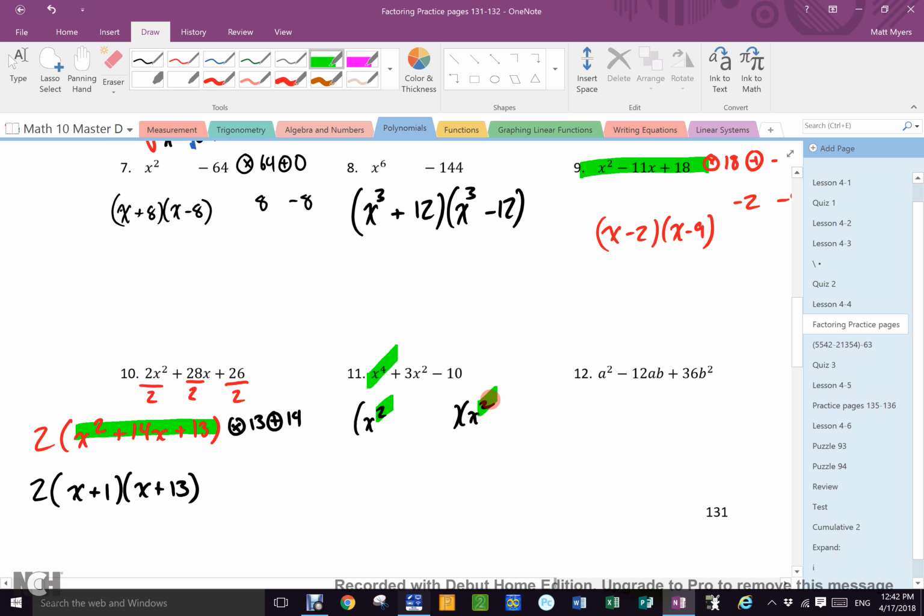Right? Other than that, does it change? Nope. I got to multiply to negative 10 and add to 3. What are they? Is it 1 and 10? No. Is it 2 and 5? How will 2 and 5 get me to positive 3? 5 minus 2. So it must be the 5 is positive, the 2 is negative.